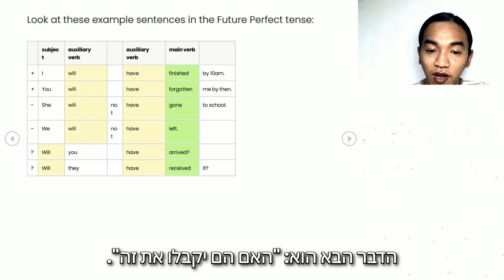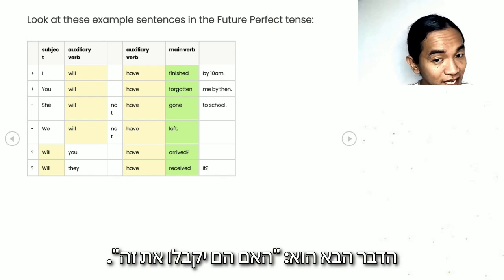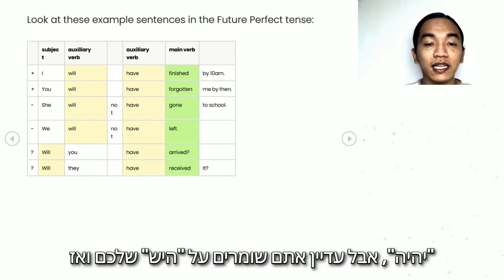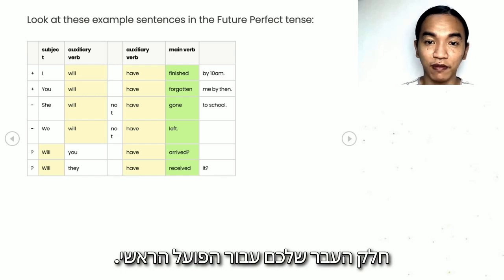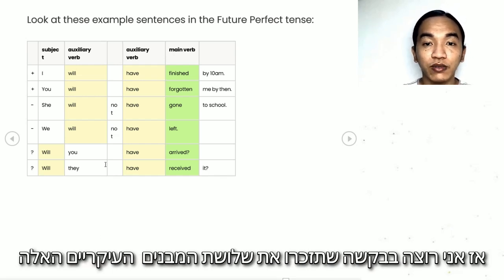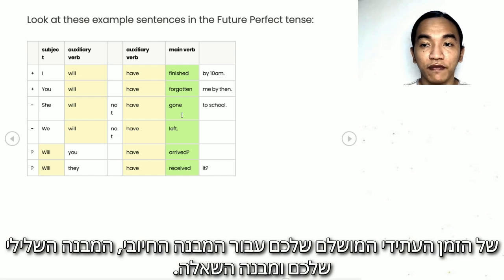Okay, next one here is, will they have received it? Okay, so as you can see, you start with will, but still you retain your have and then your past participle for the main verb. Okay, so I want you to please remember these three main structures of your future perfect tense for your positive or affirmative, your negative form, and the question form.